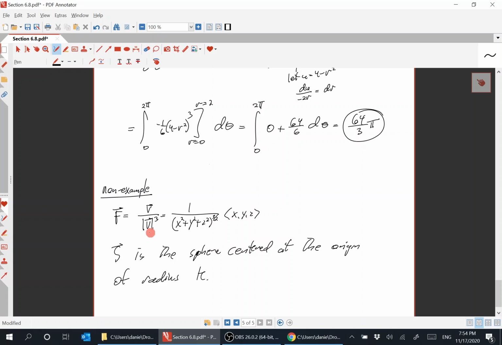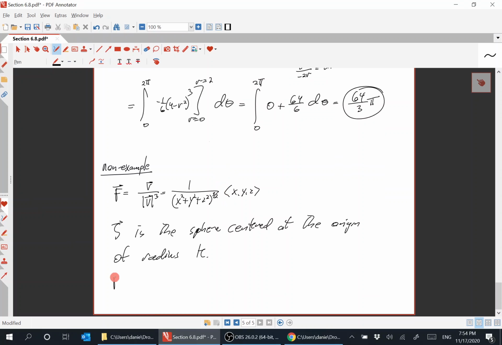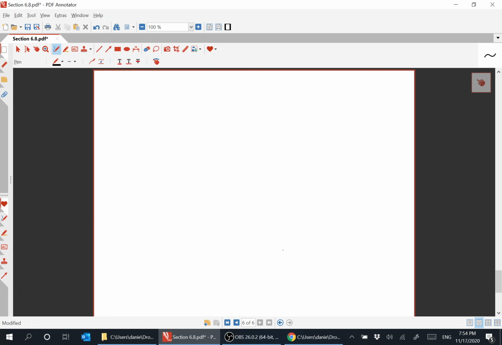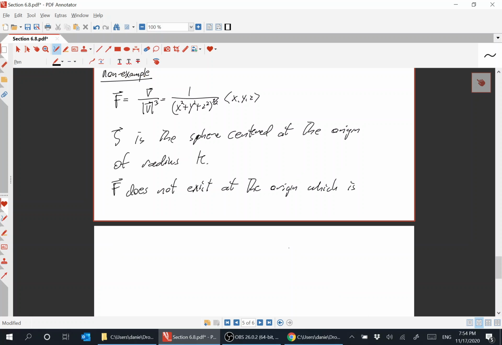This F does not exist at the origin, which is inside the sphere.